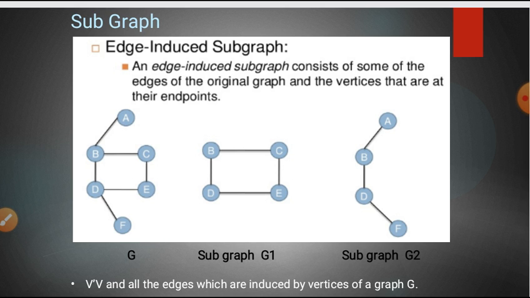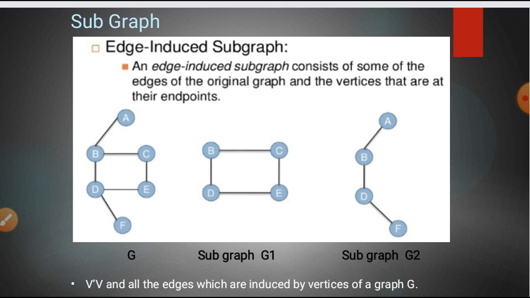So we say the subgraph G1 is a circular graph, or we can say a cycle graph, which is plotted with the help of B, C, E and D. The remaining subgraph, G2, is A, B, D and F. So the number of edges we plotted here, but one edge is common.